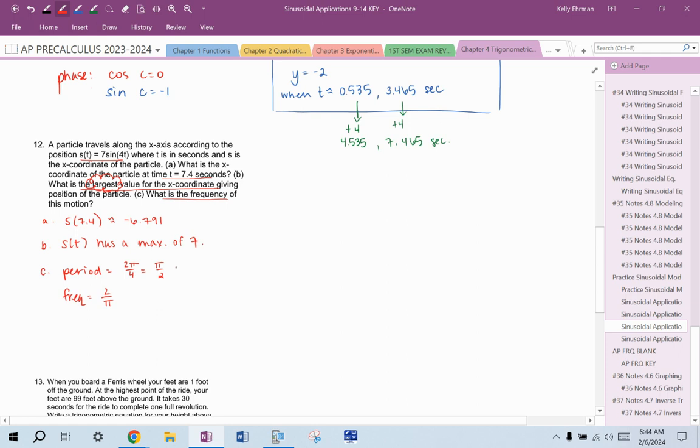Remember, the period tells you how many seconds per cycle. How long does it take to complete one sine curve? And the frequency tells you how many cycles per second. This is how much of the graph gets done per second.